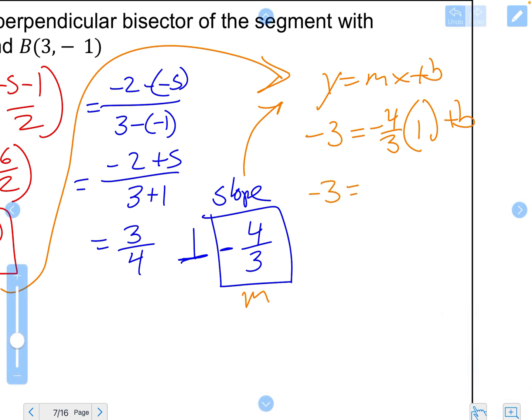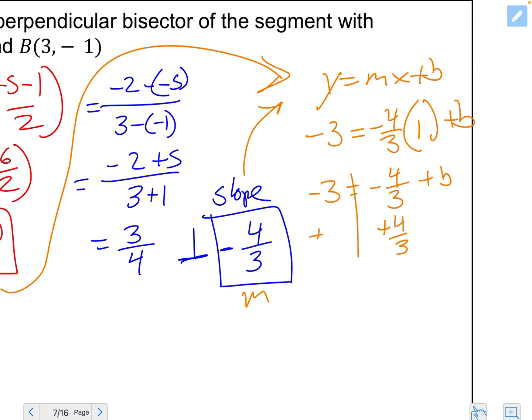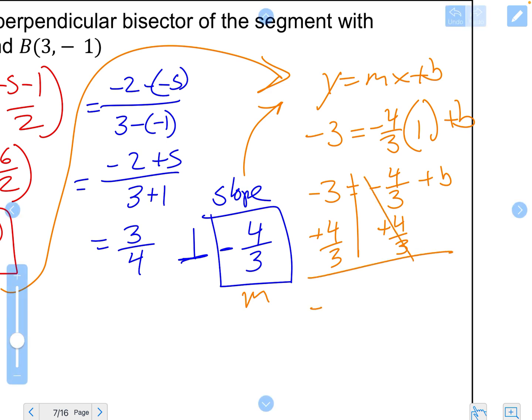So negative 3 equals negative 4/3, because 1 times anything is anything, plus b. Now we're going to add our 4/3, add 4/3, and we get a negative 3 would be 9/3, so we get a negative 5/3 equals b.